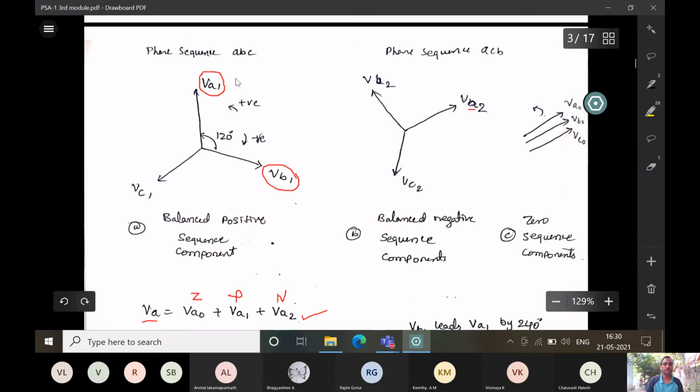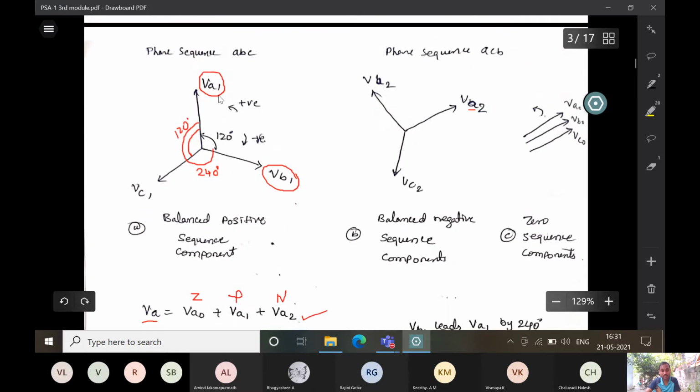The phase sequence is ABC, so in this positive direction, here to here is 120 degree from the reference, and here to here is 240 degree. From VA1 to VB1, you have to go in the anti-clockwise direction only. So we can also write it as minus 120 degree or plus 240 degree.